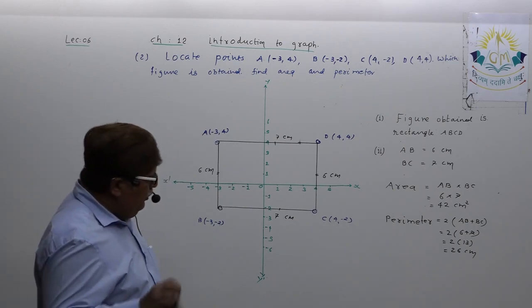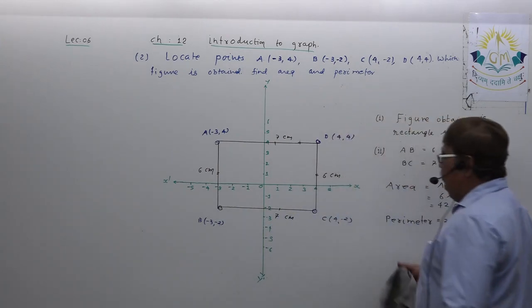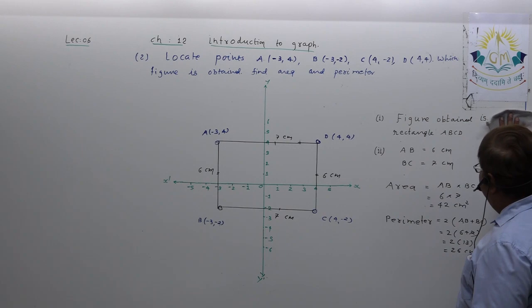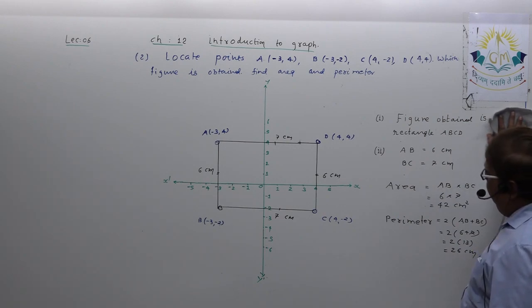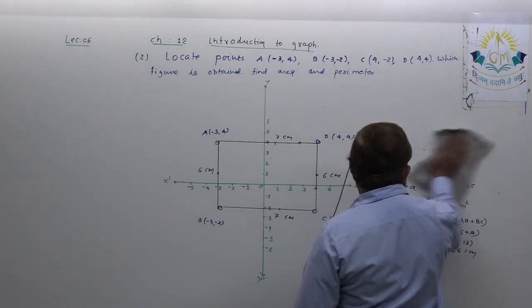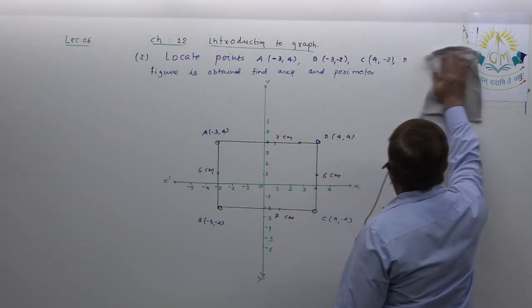Let me write it for you. Okay, you must have seen and drawn this properly. Now the next one, let us take. Is it clear? Okay. See, dear student, let us take the next question now.